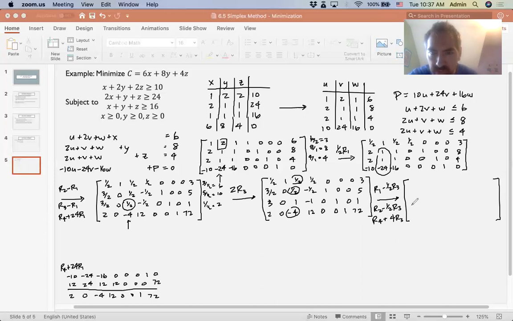Row 3 stays the same, so I'll go ahead and write that out. I'll do some scratch work at the bottom.